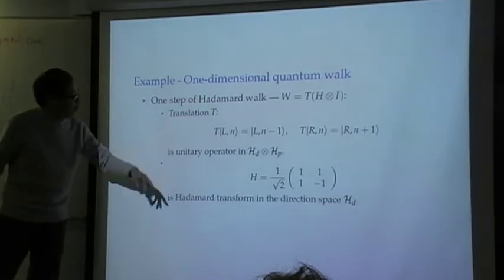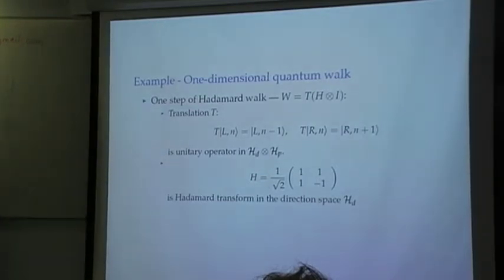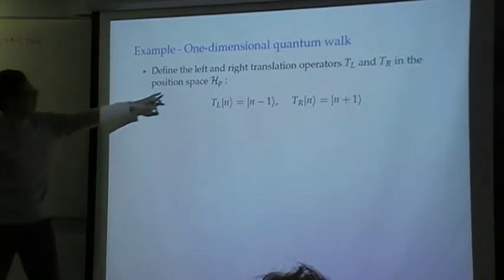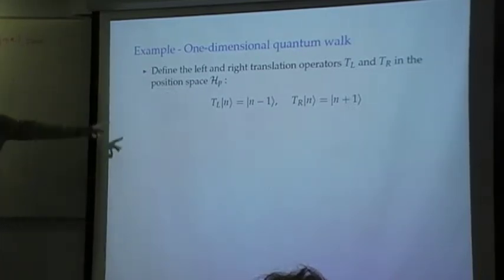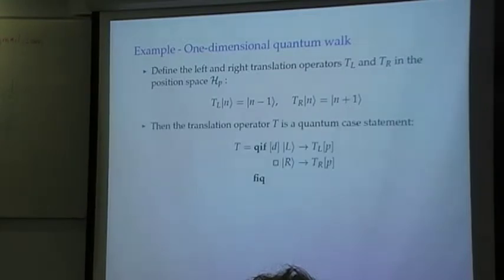The total translation operator is a unitary operator on H_D tensor H_P, but the left and right translations act just on the position space. T_L acting on |n> gives |n-1>, and T_R acting on |n> gives |n+1>. Then the total translation operator T can be seen as a quantum case statement.